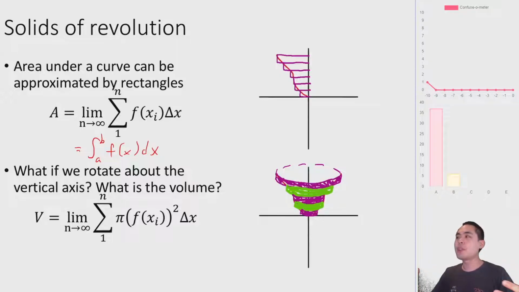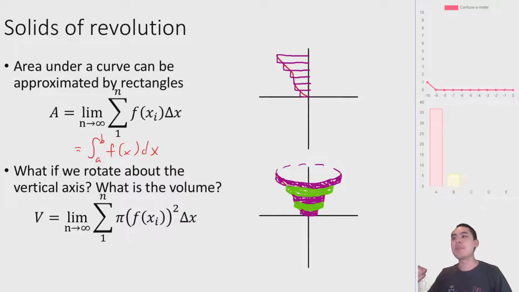But now, when we're working with calculus, the whole point is that we have access to infinity through these things called limits. And you could also think of this as the sum from 1 to infinity of f of xi delta x. But that isn't quite as precise. And so instead we write it as the limit as n goes to infinity of the sum from 1 to n.